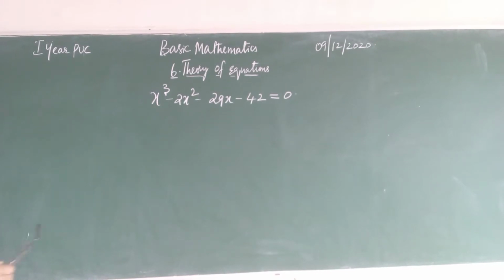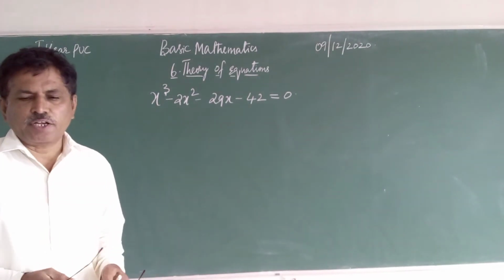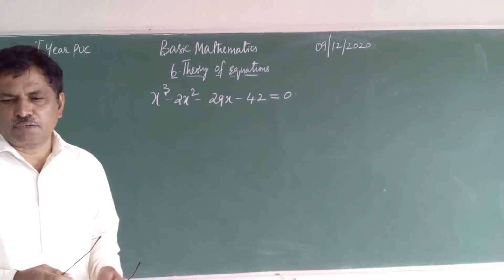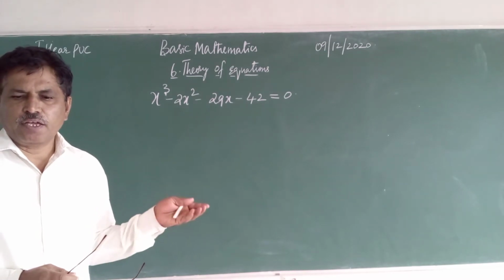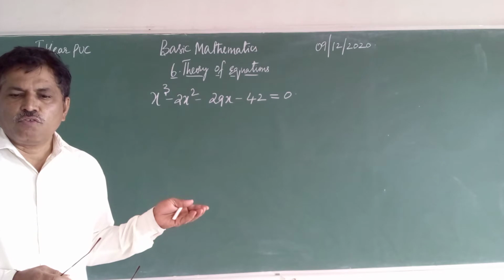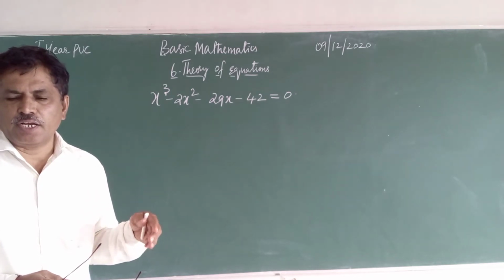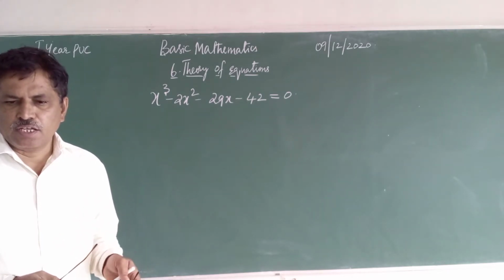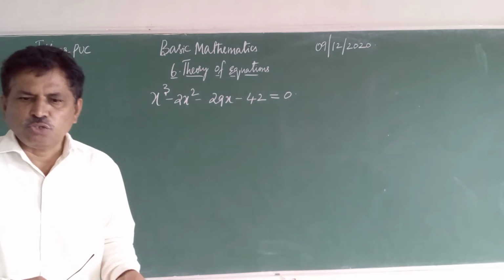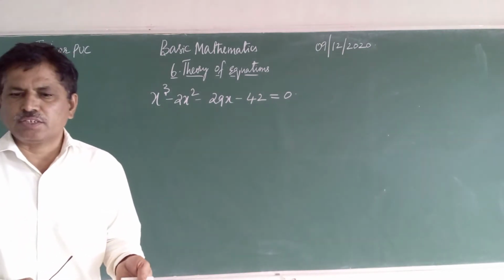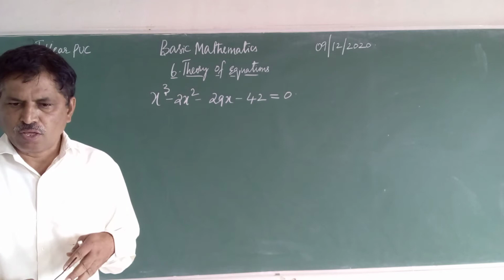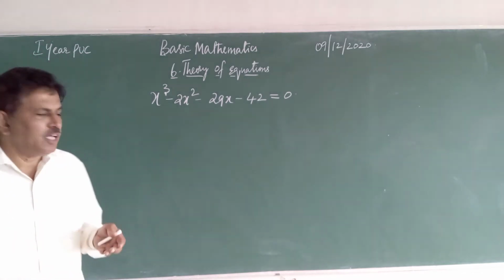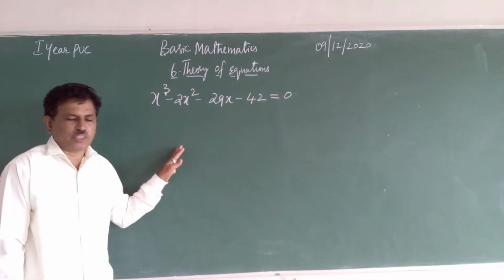Yes, in yesterday's class, we solved it by the synthetic division method, taking values between minus 3 and 3 by trial and error method, because the question is like that. By trial and error method, you have to find the q of x.